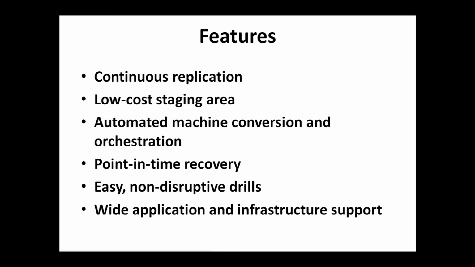Replication is done as continuous block replication. This means none of the data is left behind and everything is moved. The cutover window, as we can see here, is extremely short because of point in time recovery and continuous replication, since replication happens continuously.